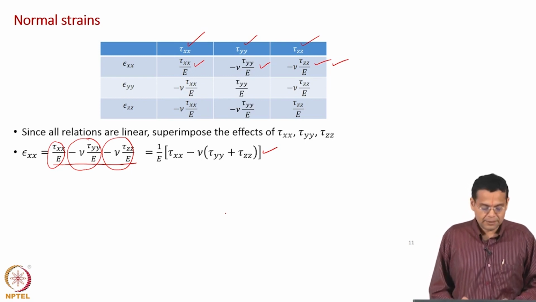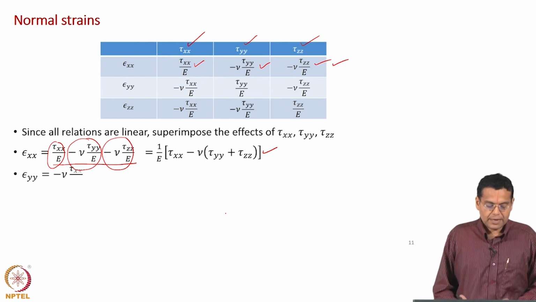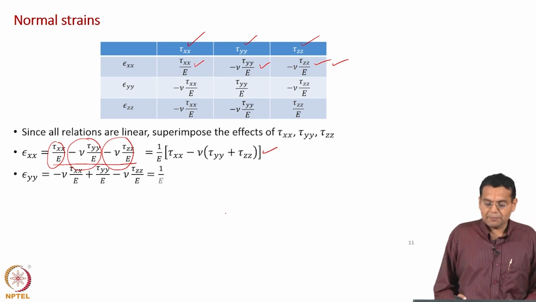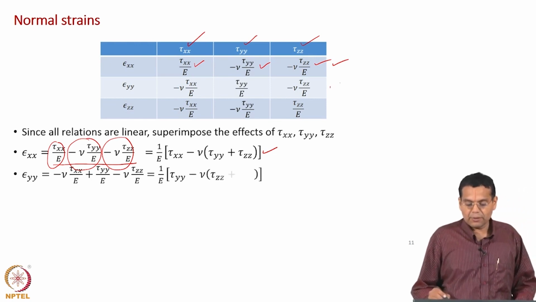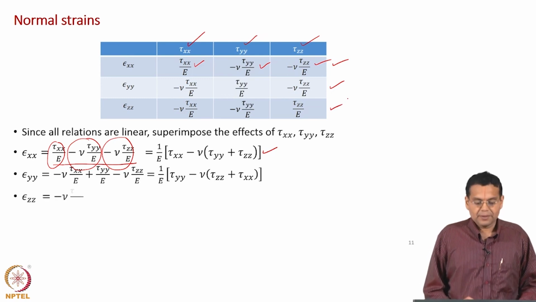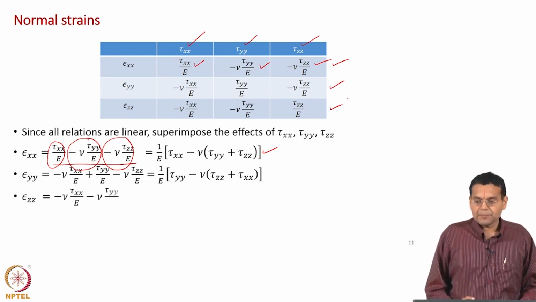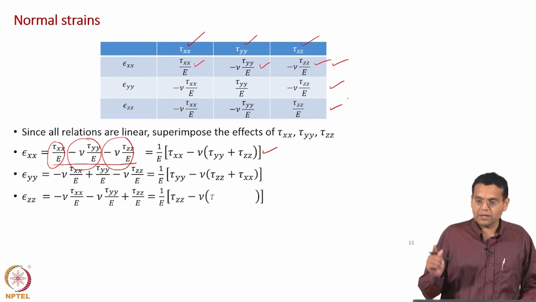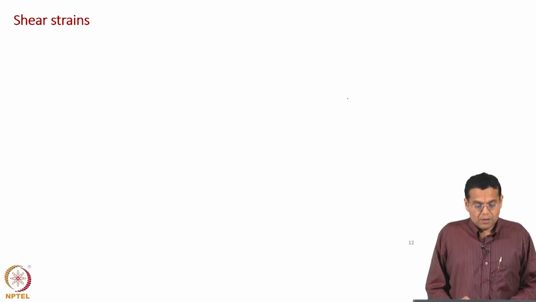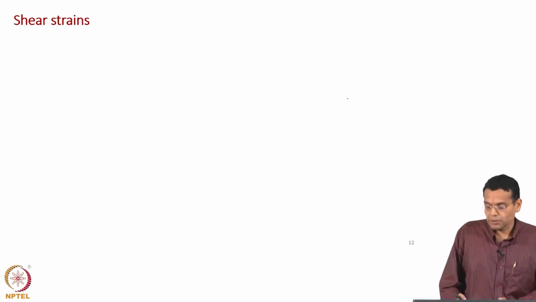Similarly, you can write for other directions as well, which means I am summing up the entries in the second row and the third row as well. The second row tells the normal strain in y direction because of the 3 normal stresses, and the third row tells the normal strain in z direction because of normal stress in 3 directions. So far we discussed normal strain.